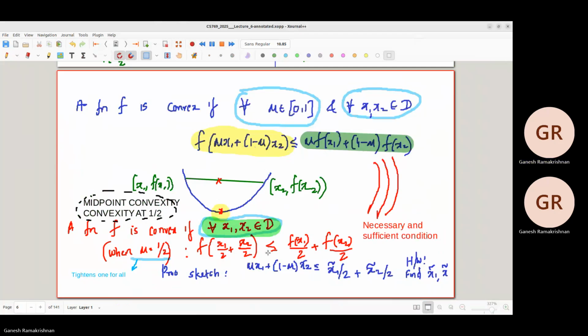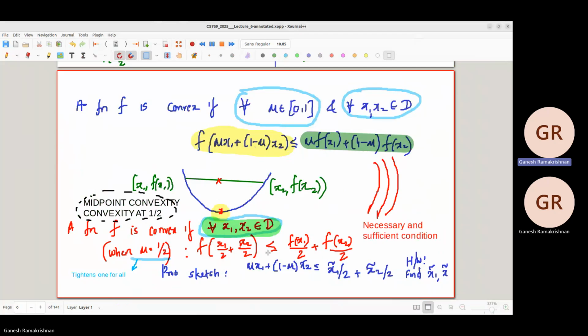So if this holds, right, under all x1s, x2s, then to prove that f of mu x1 plus 1 minus mu x2 is less than equal to mu f of x1 plus 1 minus mu f of x2.